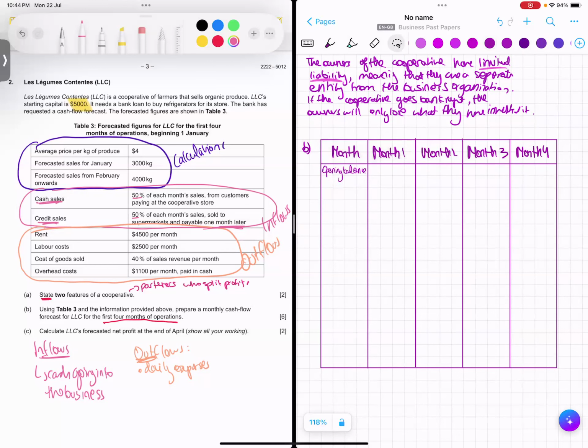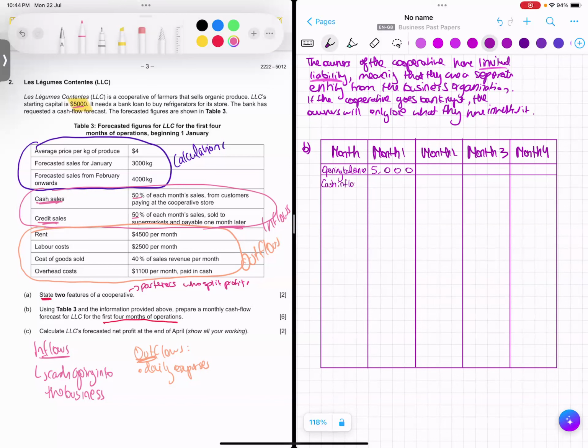Okay, so the opening balance is what the business starts off with, and in this case it is 5,000. They gave it to us. It's always better to write each digit in a square. 5,000, right? And after the opening balance, we have cash inflows.